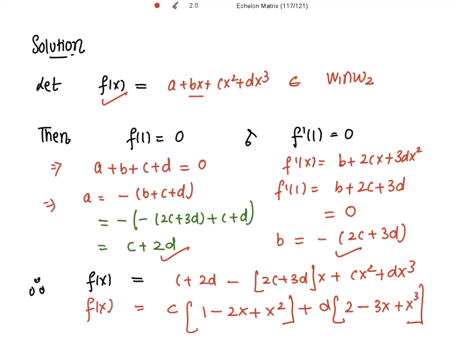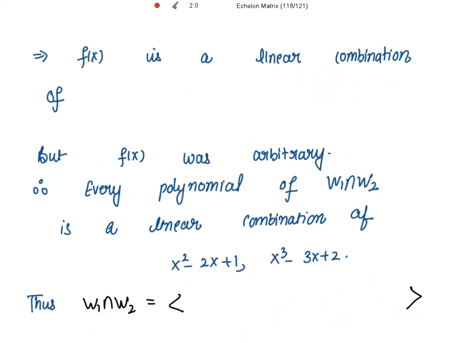So what we notice here is that this f(x) is a linear combination of these two polynomials. Because f(x) was arbitrary, every polynomial belonging to the intersection of the subspaces is a linear combination of x² - 2x + 1 and x³ - 3x + 2.